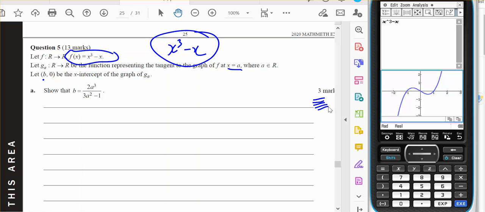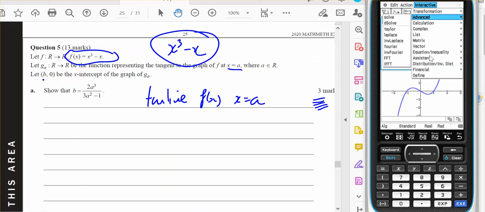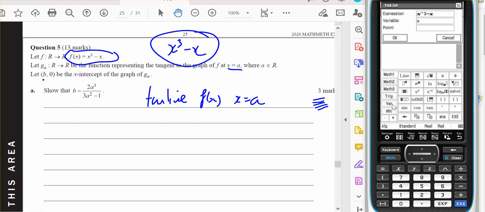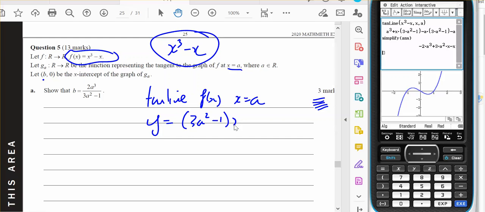Golly. So the tangent line of f of x at x equals A gives me, calculation, tangent line at A. Simplify the answer, so that gives me y equals 3a squared minus 1 x minus 2a cubed.